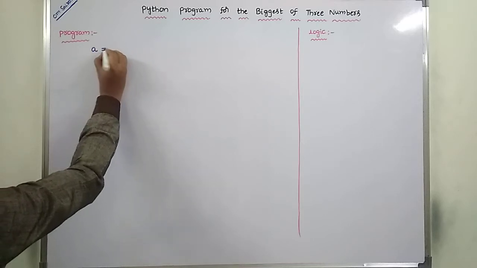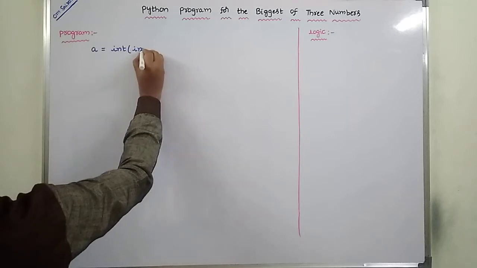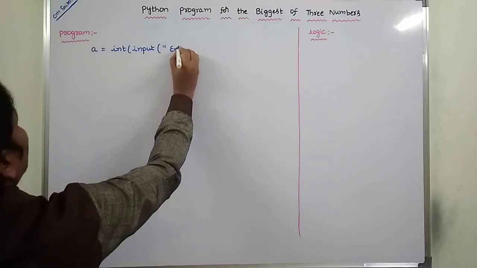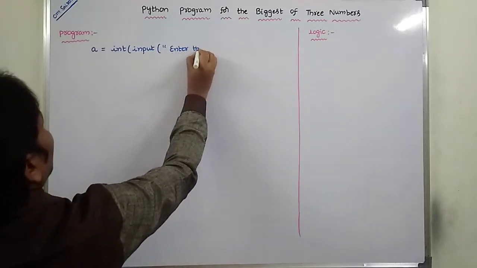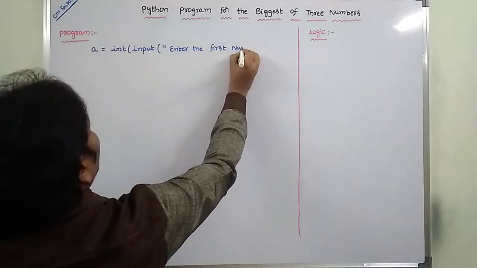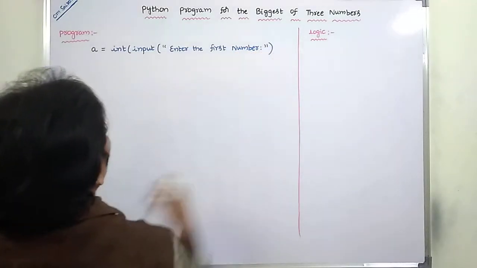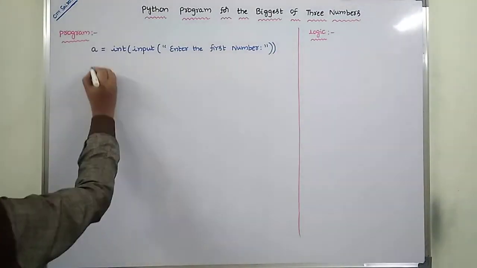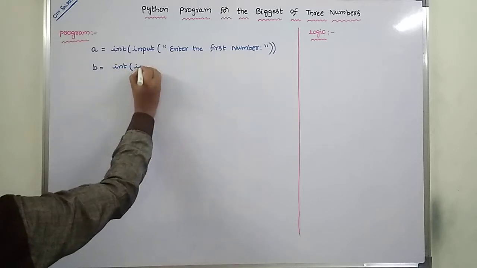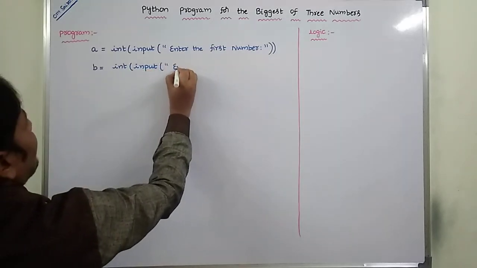So a is equal to int of input of "Enter the first number". Next, another number b is equal to int of input of "Enter the second number".